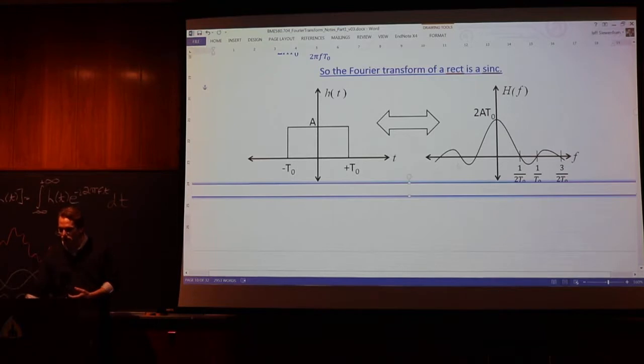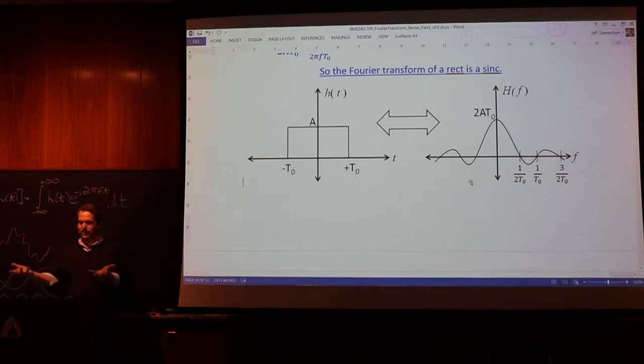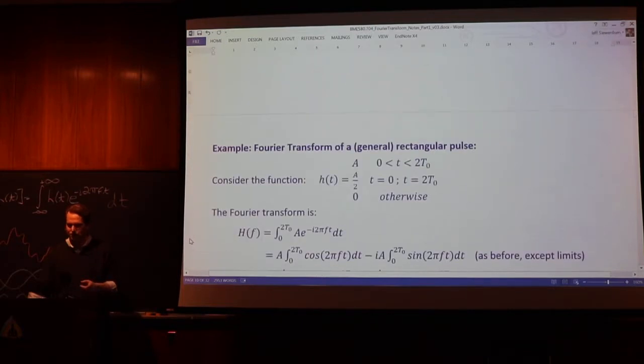So the total width, you might call that the aperture, or the sampling interval. And the zeros of this sinc are at 1 over that sampling interval. That's interesting. Okay. All right, so you've done your first Fourier transform, like for real. Am I going too slow? Get to harder stuff?